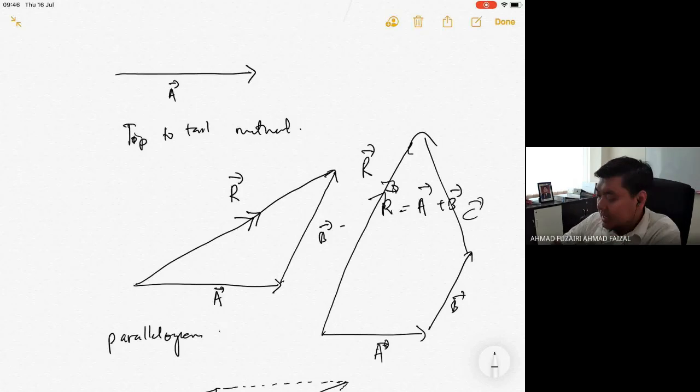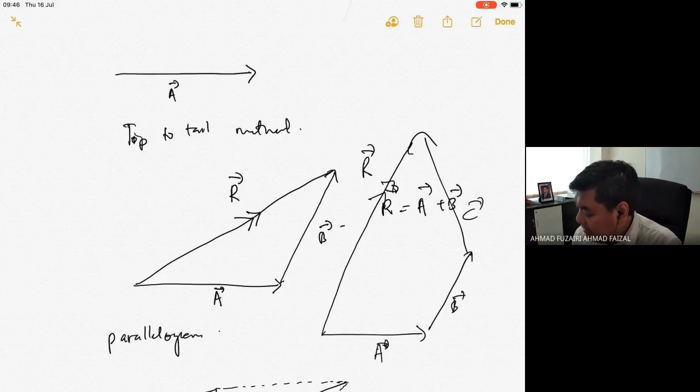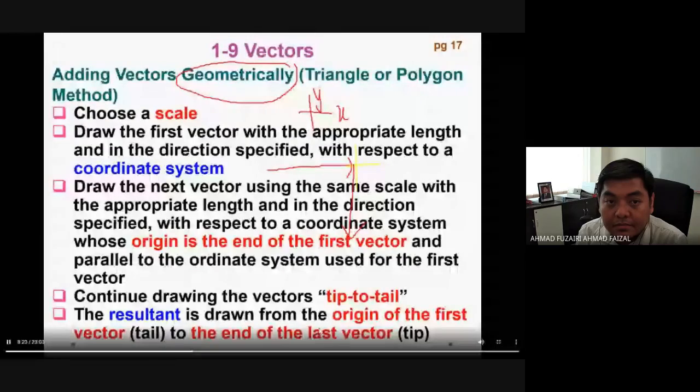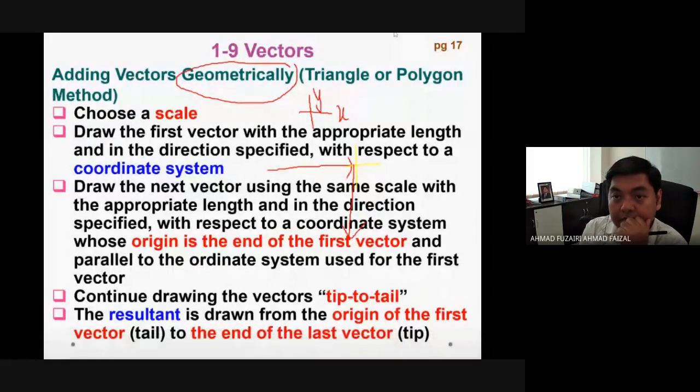Next, how to get the resultant vector by adding in terms of components. So let's use the components. Let's watch how the method works with components. This vector's tail goes to the end of the last vector.